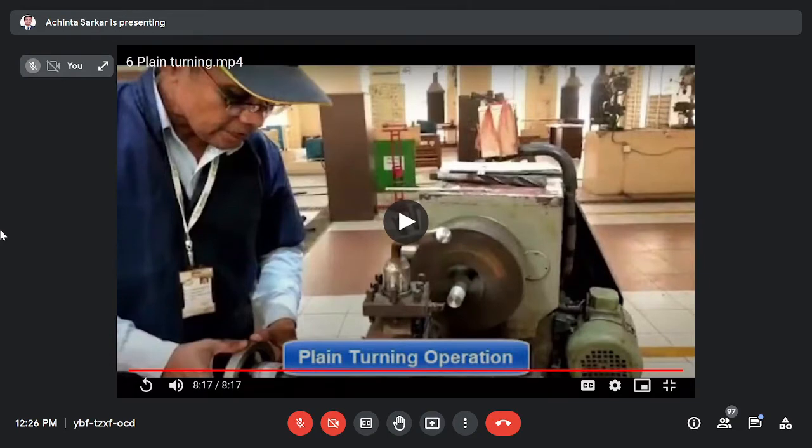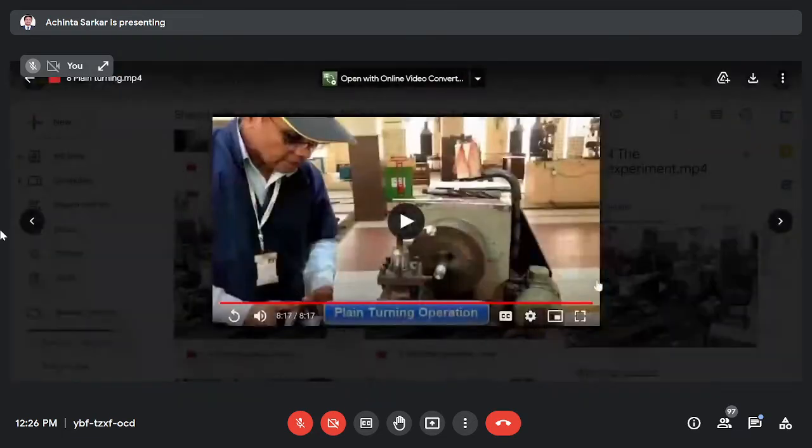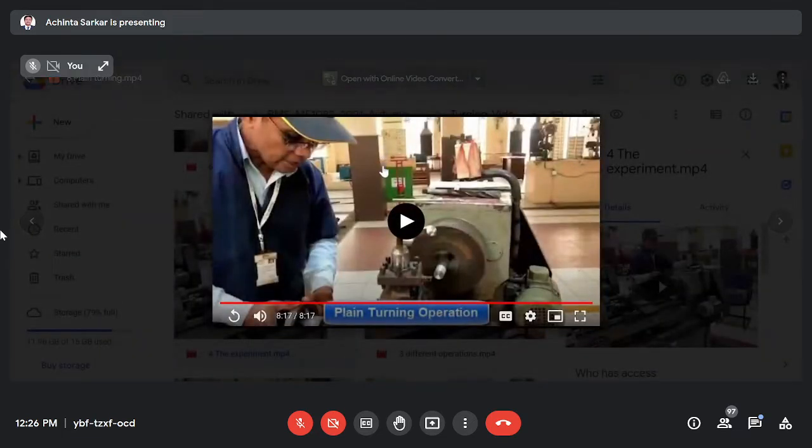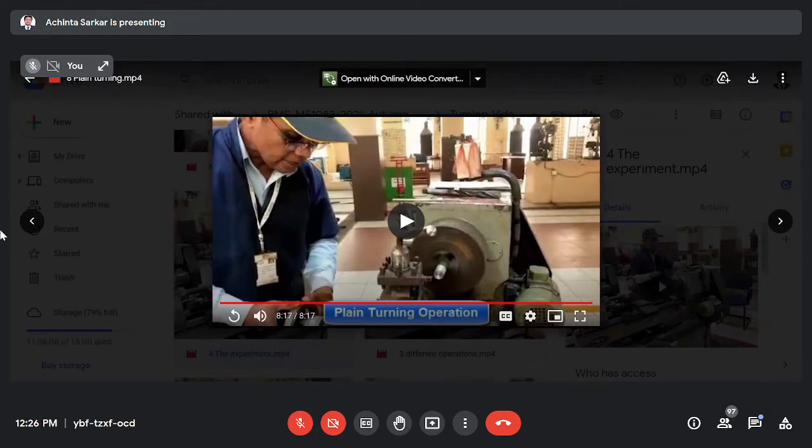Okay, so we watched here carefully, the cutting tool or single point cutting tool should be brought very close to the workpiece, and it should firmly touch the workpiece outer periphery. Then we need to move the transverse wheel initially.